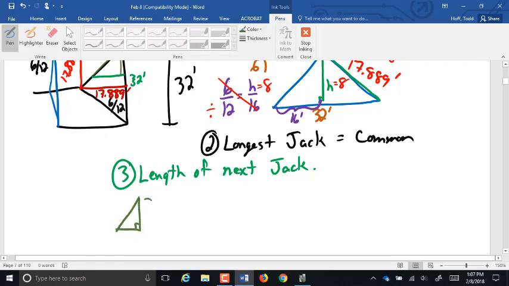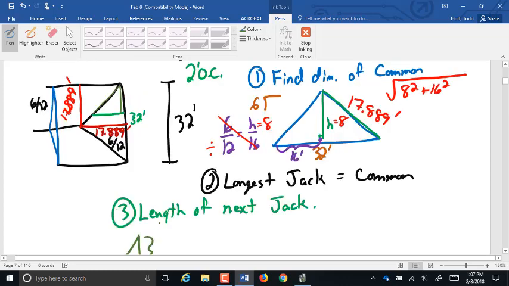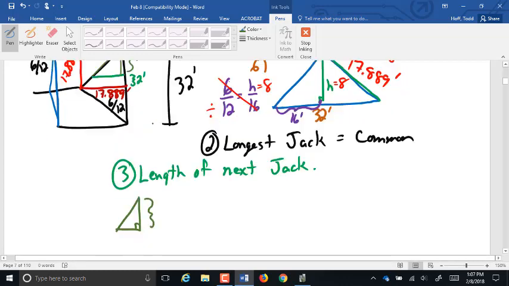Well, I know that this distance here is what? 14. Good. How do I get 14? Yeah, it was 16 minus 2. That's 14 feet. This is my x here that I'm trying to find.